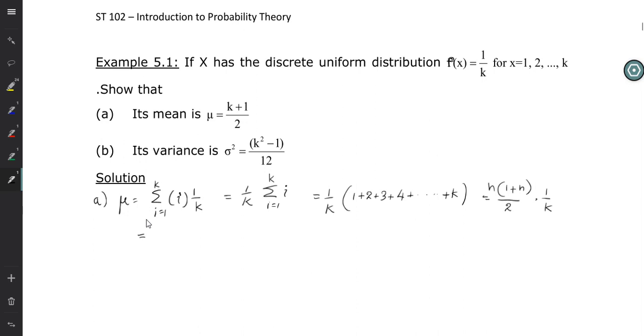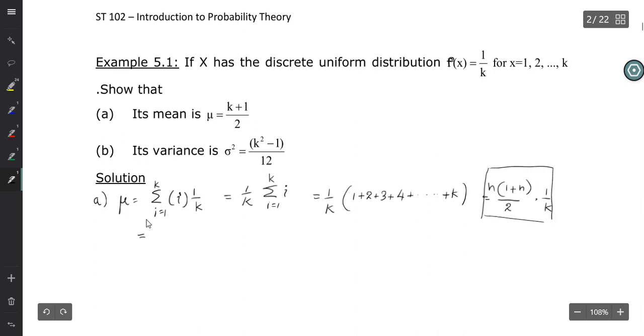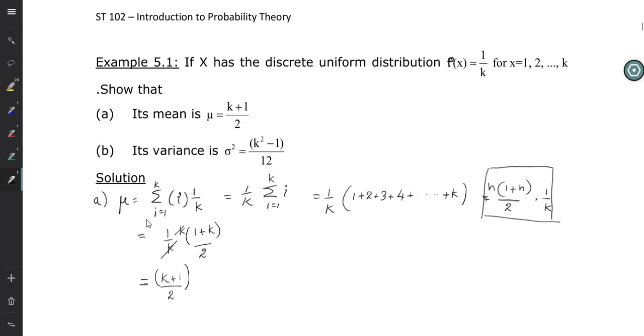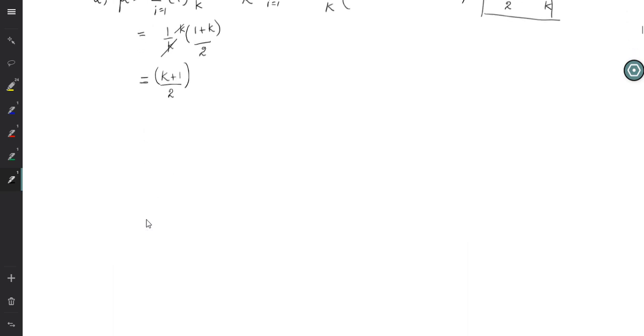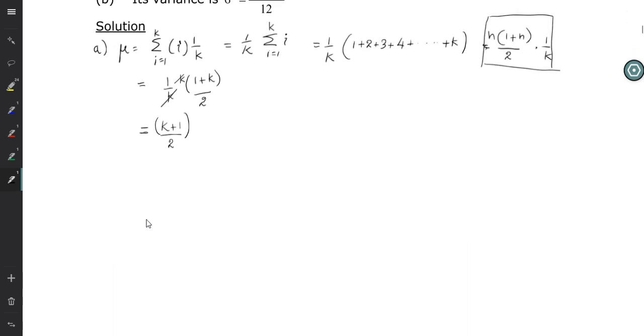If you use this equation in our formula, we end up with 1 over k in front, sum of k integers, so you have k times (1 plus k) divided by 2. This k cancels out, so you will end up with (k plus 1) divided by 2. Say for example, k is 6, the mean will be 7 divided by 2, which is 3.5. Now let's look at the variance.